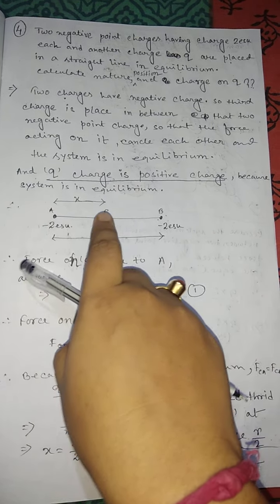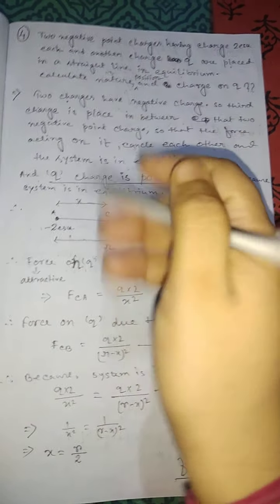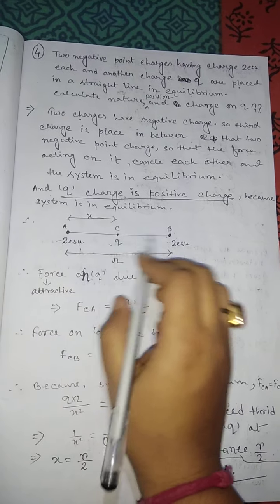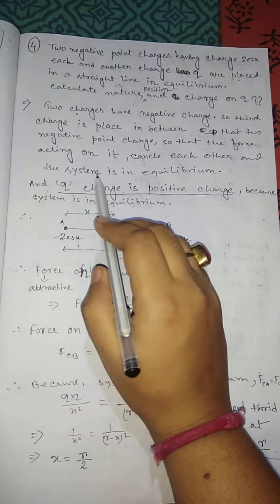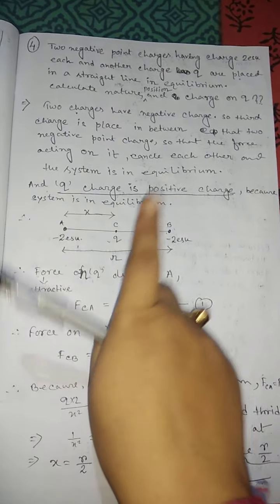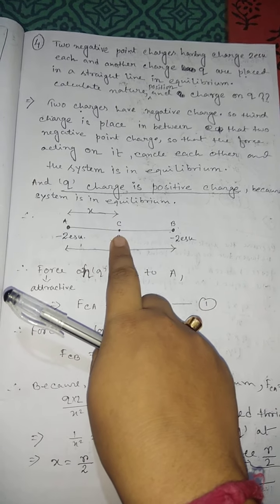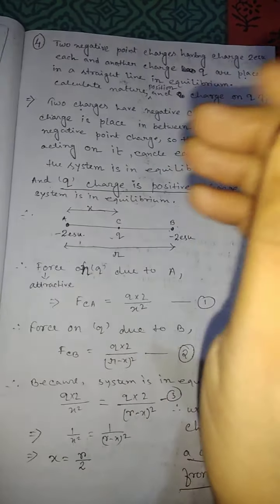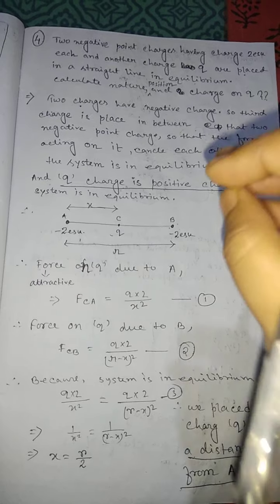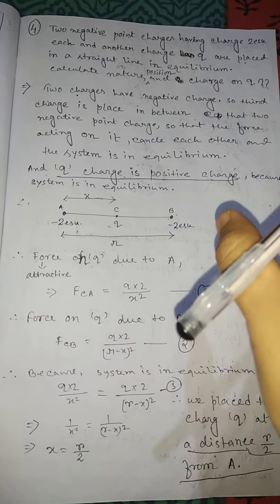Okay. Now we place a Q in this line. So where do we place the Q? Because the system is in equilibrium, when the system is in equilibrium, both forces acting on a third charge are equal to each other.